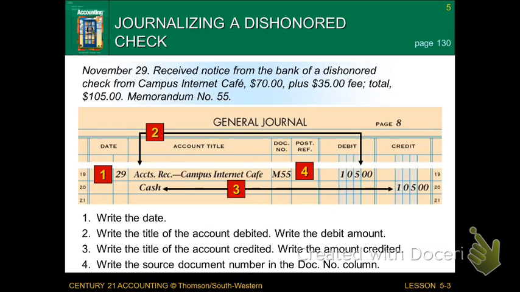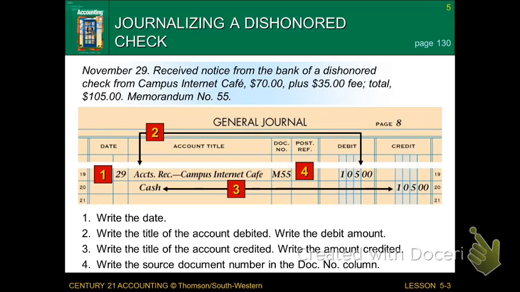In the unfortunate event that a customer hands you a check, which you then take to the bank to either cash or deposit, and the check is not valid because there's not enough funds in the customer's account, that check is called a dishonored check, or what you may also know as a bounced check.